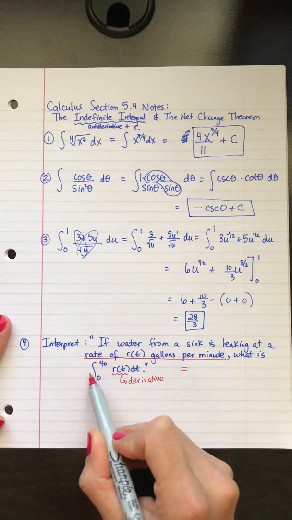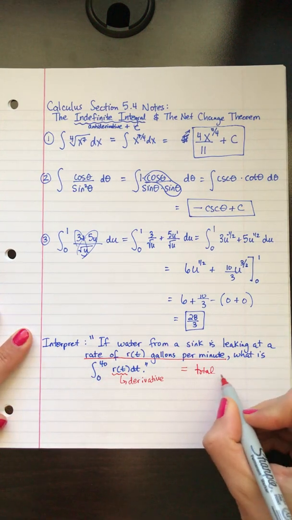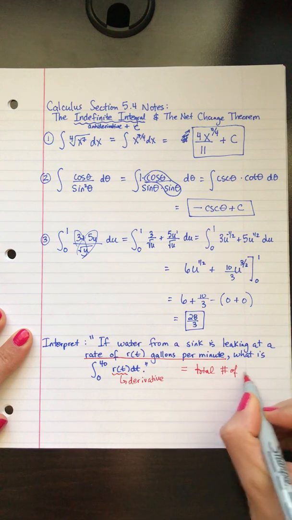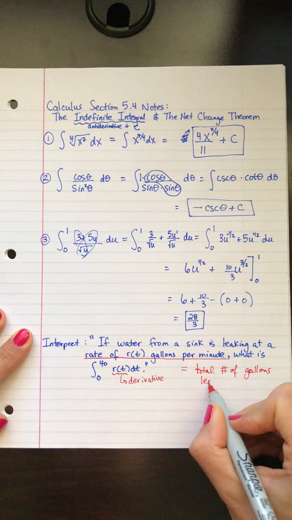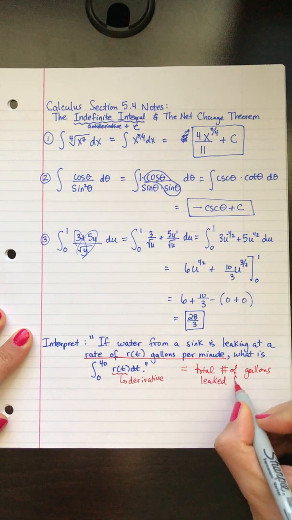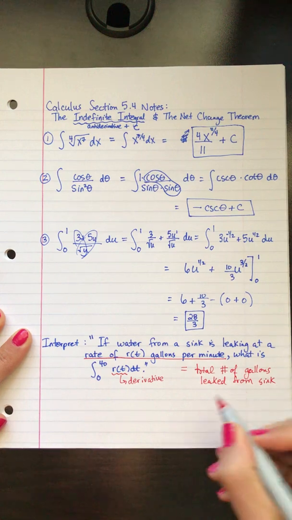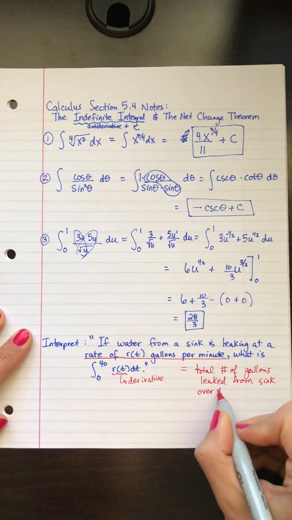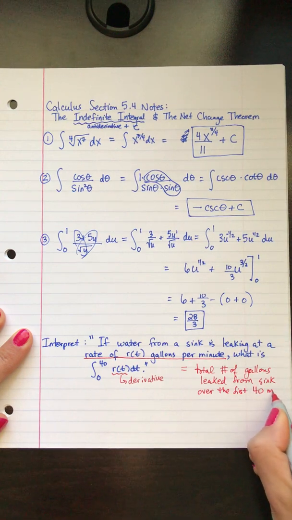So integral 0 to 40 means total number of gallons leaked from the sink, and it's really important for you to say, over the first 40 minutes.